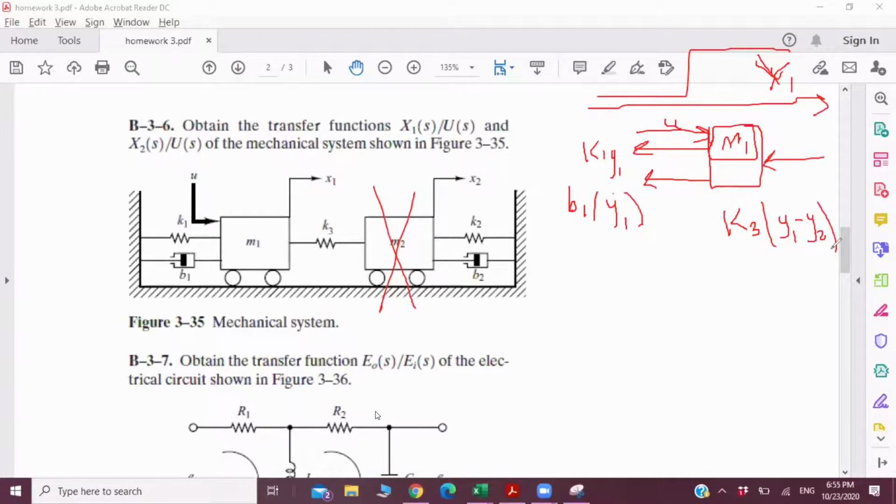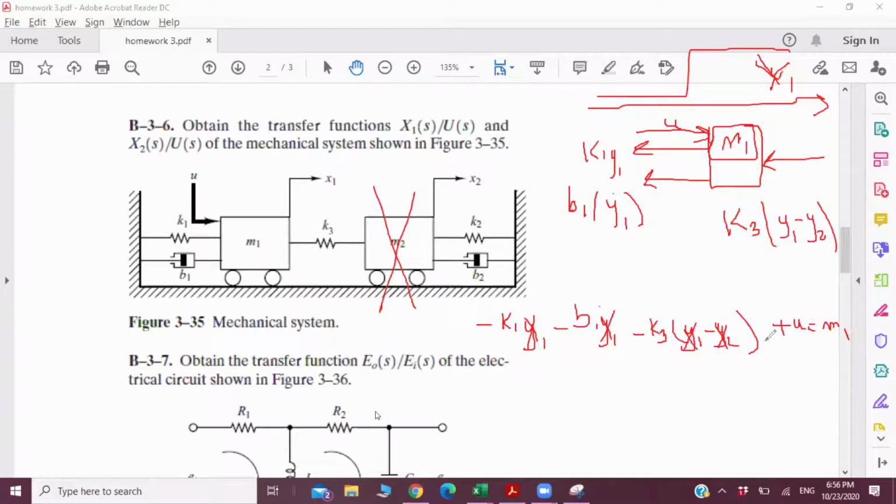Okay? That's it, and then I sum the forces. The positive direction is toward x1. So I will have minus k1 y1 minus b1 y1 prime minus k3 (y1 minus y2) and then plus u is equal to... sorry, everything is x, not y, so that's x.